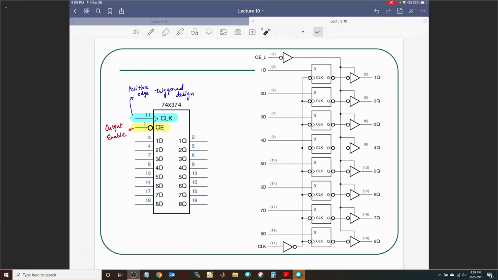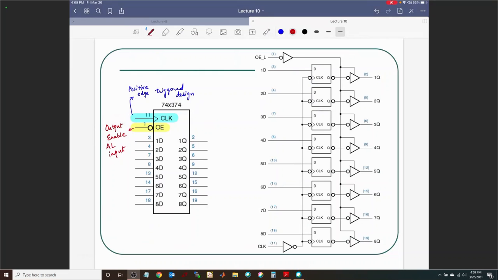Earlier with the tri-state buffer, it was just one output. Now we have an option of disconnecting or connecting 8 bits at the same time. That's what OE is used for. It's an active low input in this case.